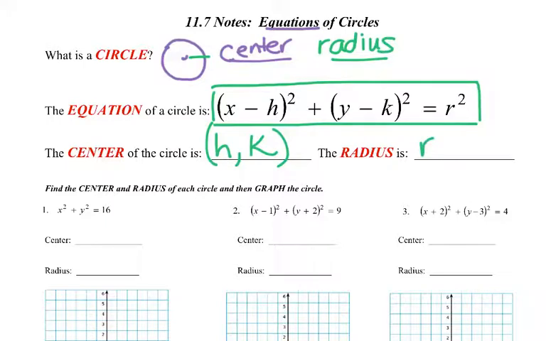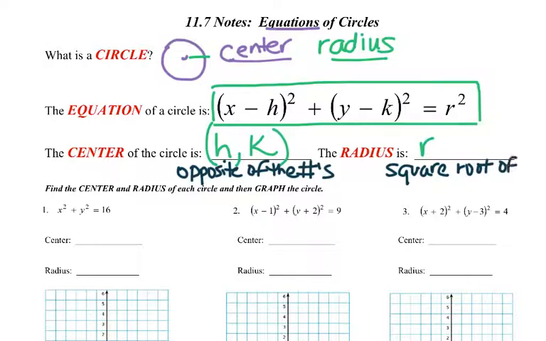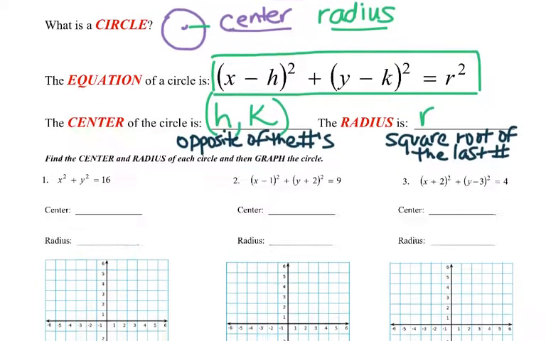And I know that's a lot of letters, so if we say that in words, the center is the opposite of the numbers, and the radius is the square root of the last number. The opposite of the numbers and the square root of the last number. So if we just do a few examples, it'll become really clear.